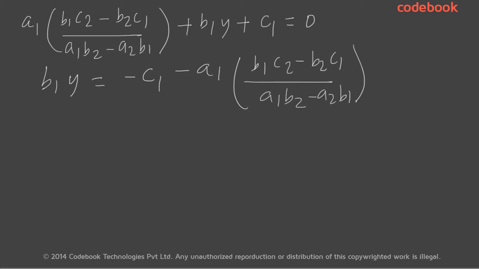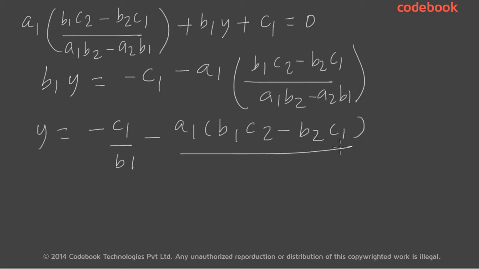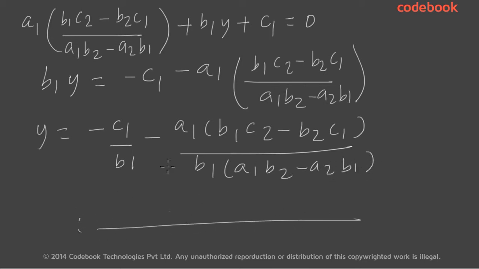So now let's bring b1 to the right hand side. So that goes into the denominator of every term. So y becomes minus c1 by b1 minus a1 times b1 c2 minus b2 c1 by b1 times a1 b2 minus a2 b1. So by taking LCM, here we have b1 times a1 b2 minus a2 b1.